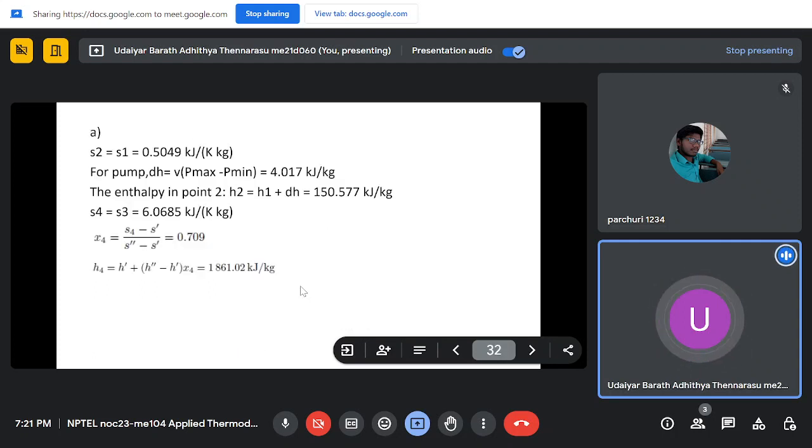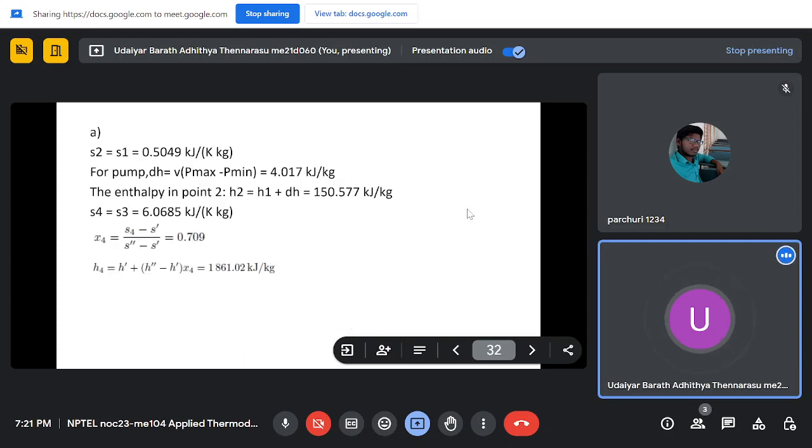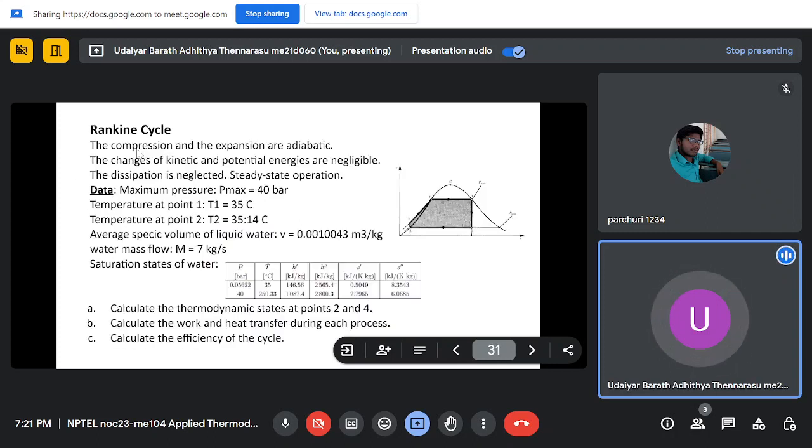So we'll see how to calculate state point 2. For state point 2, we know that 1 to 2 and 3 to 4 are reversible adiabatic processes, or isentropic processes. So entropy will be the same. We know S2 equals S1, and from there, you can use a steam table, or you need a subcooled condition chart.